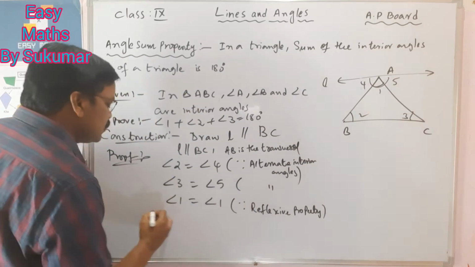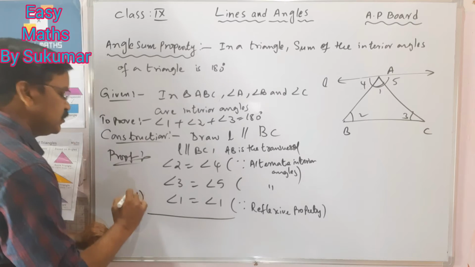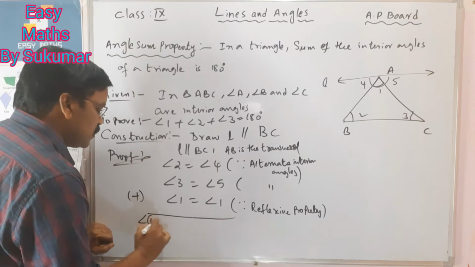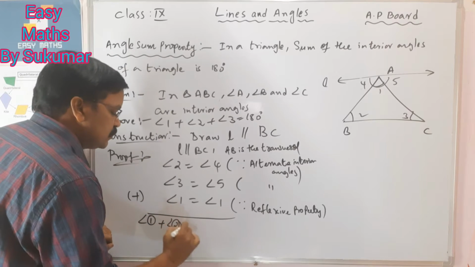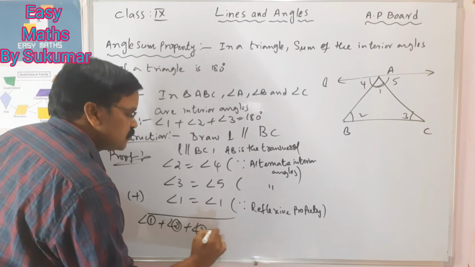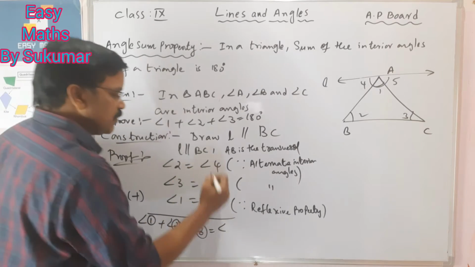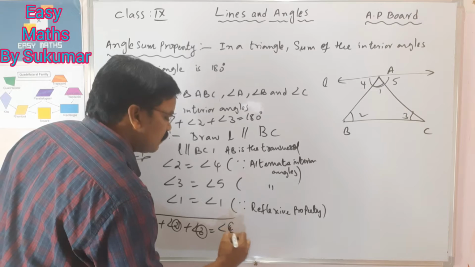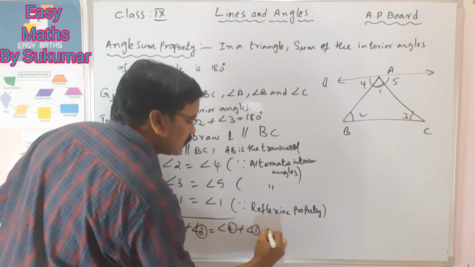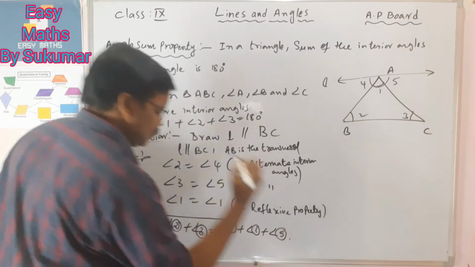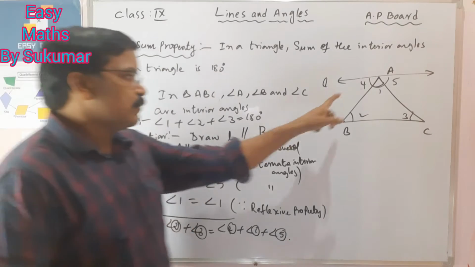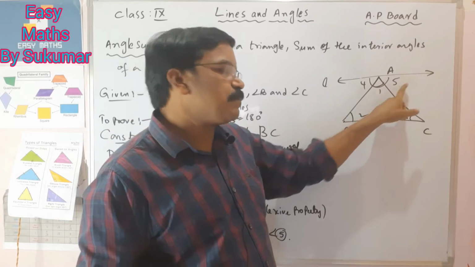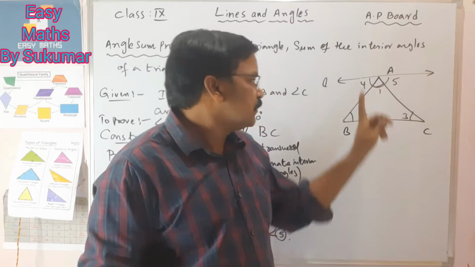So, by adding these three equations, angle 1 plus angle 2 plus angle 3 is equal to what? Angle 4 plus angle 1 plus angle 5. If you observe angle 4 plus angle 1 plus angle 5, what do you observe here?